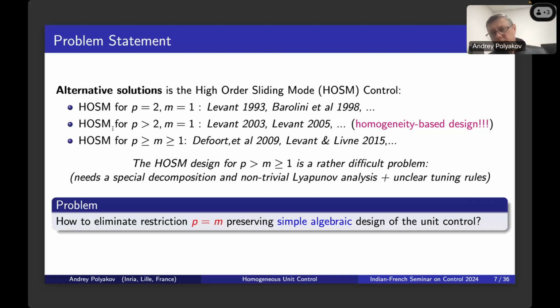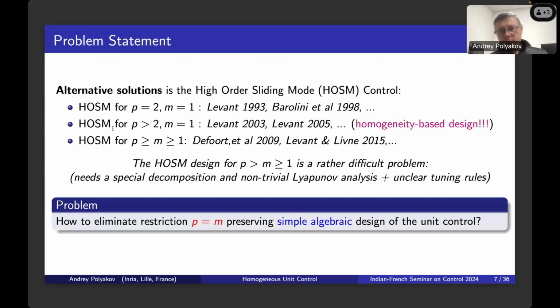So in this talk, I will try to present some ideas based on homogeneity, which may help to simplify the analysis and the design of the sliding mode controller. Next will be some issues in the implementation, but fortunately we solved them easily recently, and we can use even a toolbox to implement.